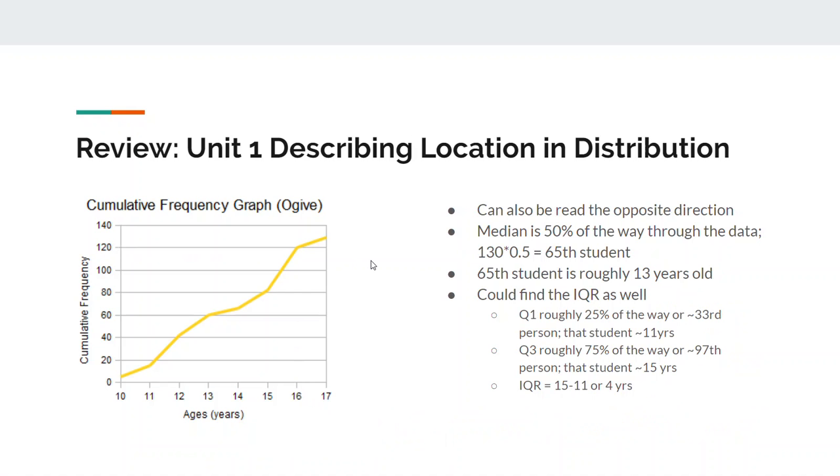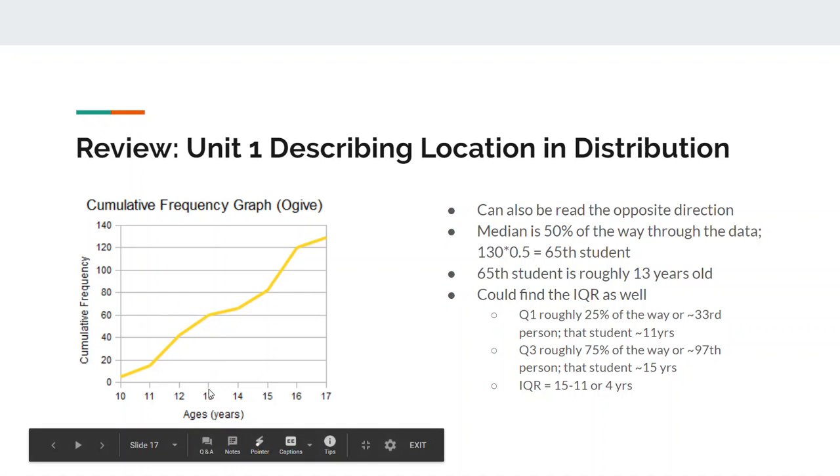Now you can also read it in the opposite direction. What I mean is you can read the vertical. So for example, if I wanted to find the median, that is the 50th percentile, 50%. Where's the 50th percentile? In this case, the 65th person, half of 130, would be my median. So I'd go to the y-axis, I'd look for 65 right along here, trace my finger and drag it down to the horizontal, and I see a 13-year-old.